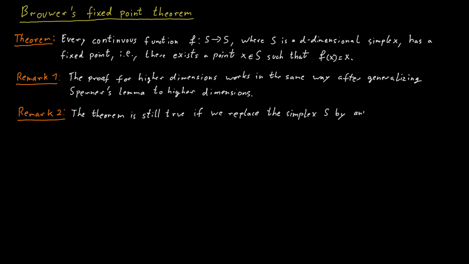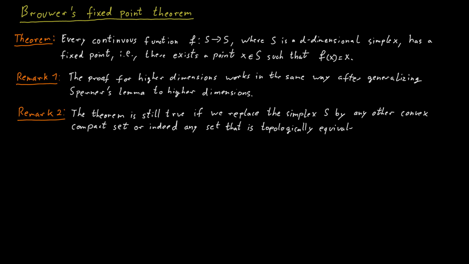The second remark I have is that Brouwer's fixed point theorem is still true if we replace this simplex S by any other convex compact set, or indeed any set that is topologically equivalent to a simplex. And by the way, compact just means bounded and closed.